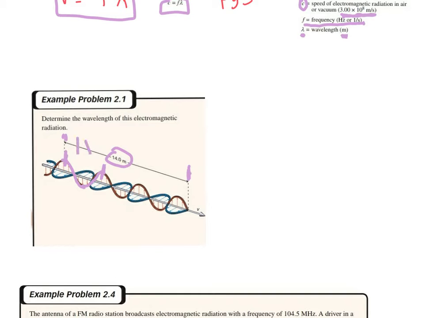And so this would be one wavelength. Now take a look at our next wavelength. We go from here down, and then we go up to the exact same spot, and that would be another one wavelength. We then go from down here up to the same spot again, and that would be one wavelength.